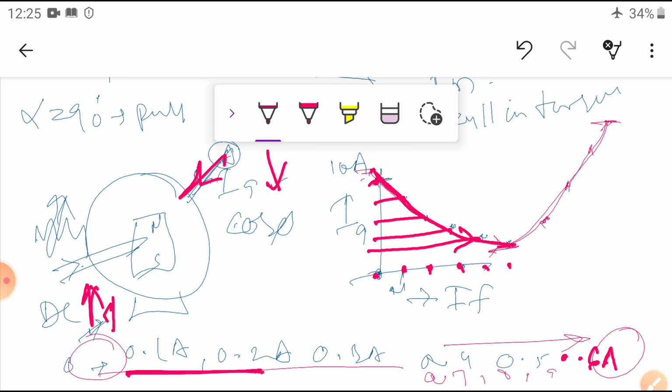At one stage, the armature current is minimum, and we call this the normal excitation, whatever is required, that is enough, 100% excitation. If the excitation is less than this, we get more current. If the excitation is more than this, the current also increases.